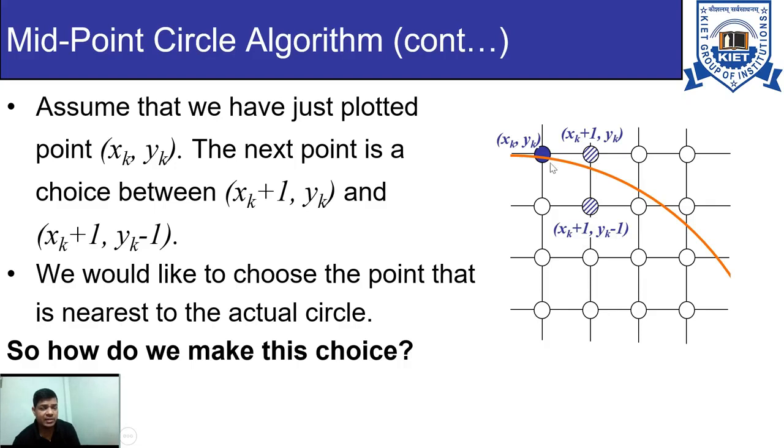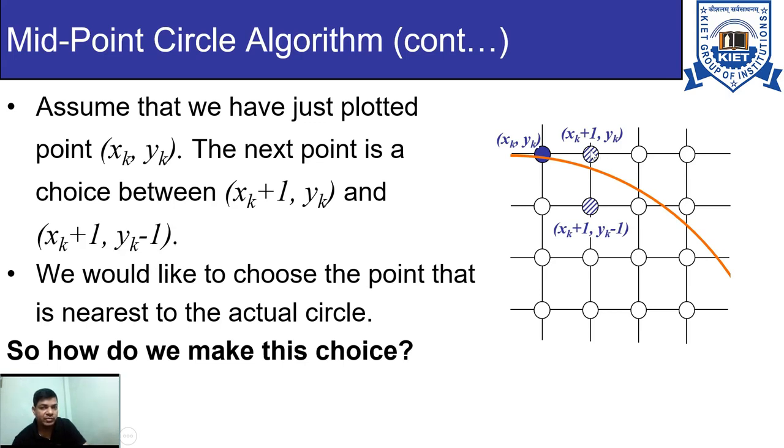You can see that the values of x are increasing while the values of y are decreasing. Assume that we have just plotted the point xk comma yk. The next point is a choice between xk plus 1 comma yk and xk plus 1 comma yk minus 1.